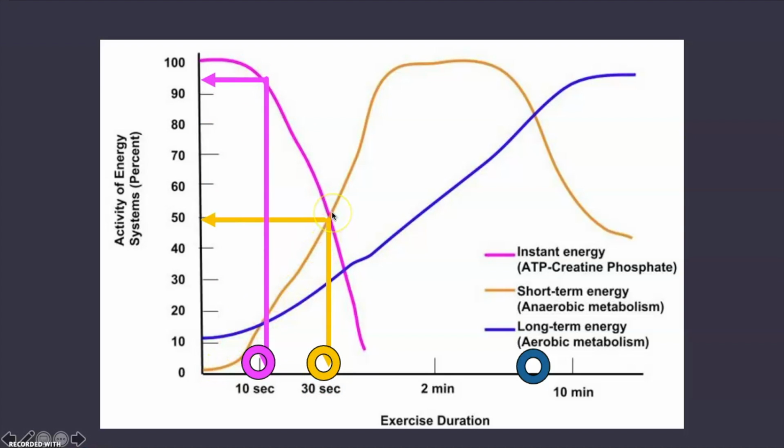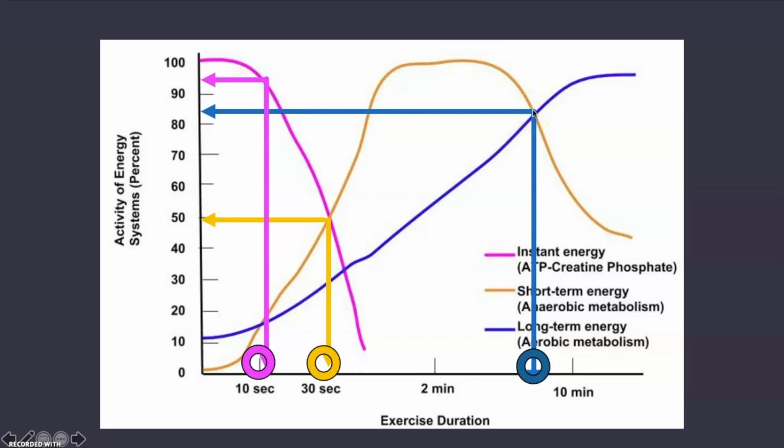As we can see, the lactic acid system is contributing about 50% of energy, and the ATP-PC system is contributing the other 50%. And again, it is the same story after about 6 minutes, where the aerobic system has taken some time to warm up and is contributing about 80 to 85% of the energy, and the lactic acid system is still contributing about 10 to 15%.